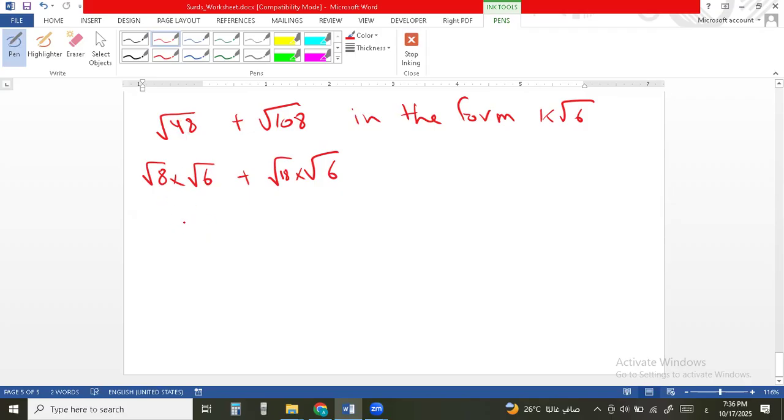Root of 8 is root of 4 times root of 2, so I broke root of 8 into root of 4 and root of 2 in order to simplify it, times root of 6. Plus root of 18 is actually root of 9 times root of 2 times root of 6.